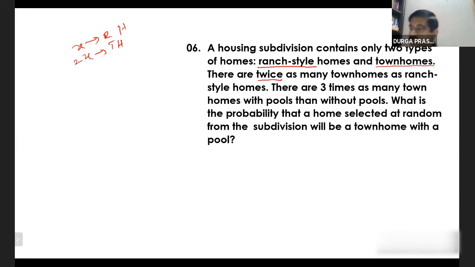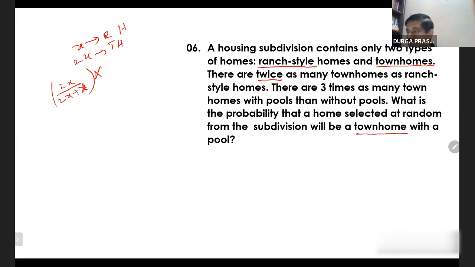See, first we are picking townhomes. You see, first with townhome. So what is the probability of getting townhomes? It is 2 out of 3, 2X by 2X plus X, and multiplication.